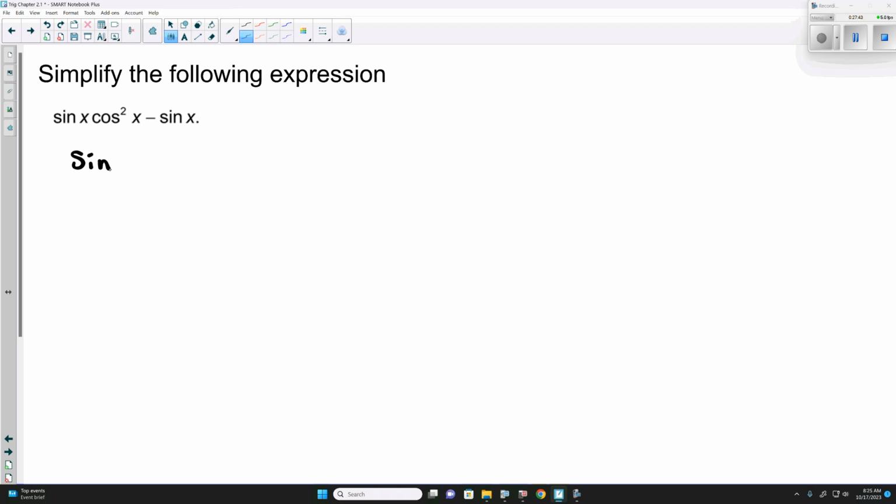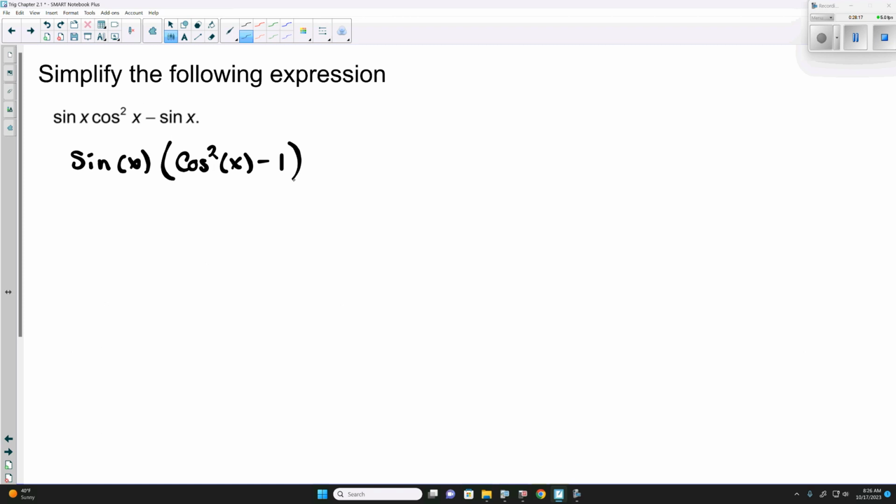So what I can do is factor sine out. Okay, so we got sine of x times cosine squared of x minus 1.